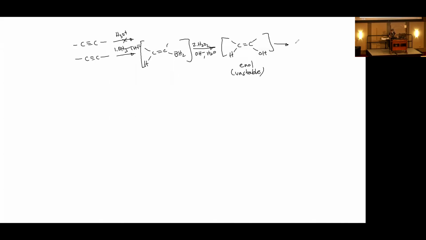What you wind up getting out of it is a carbonyl compound, and that carbonyl compound looks like this. I put a step-by-step method in your chapter 9 class notes for getting from this structure to this structure. The steps go something like this.